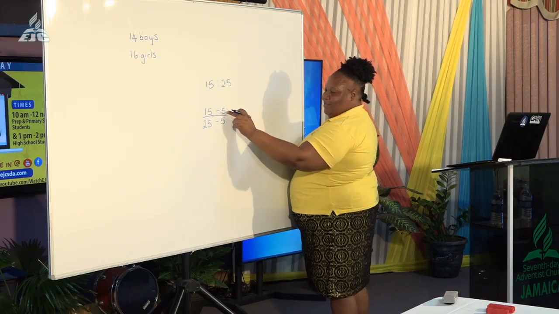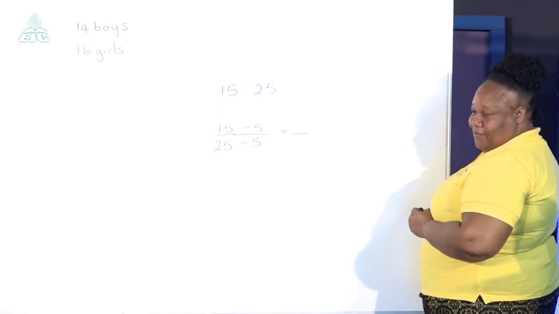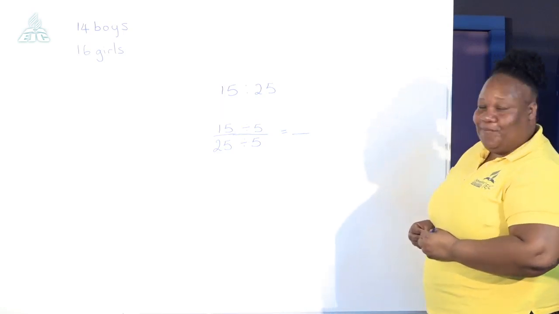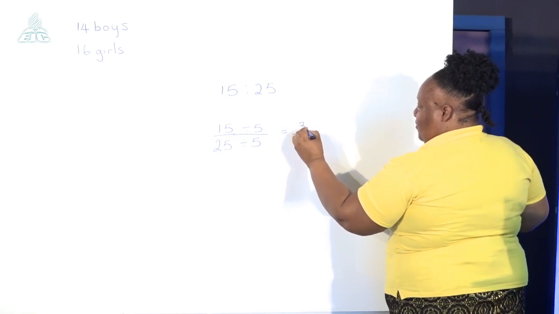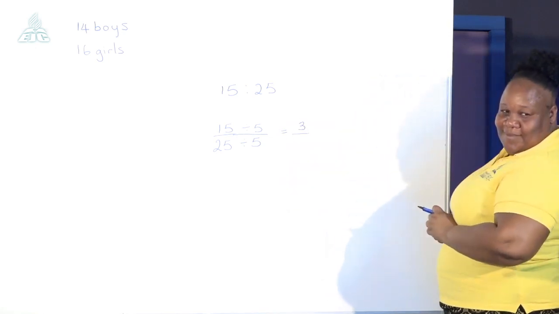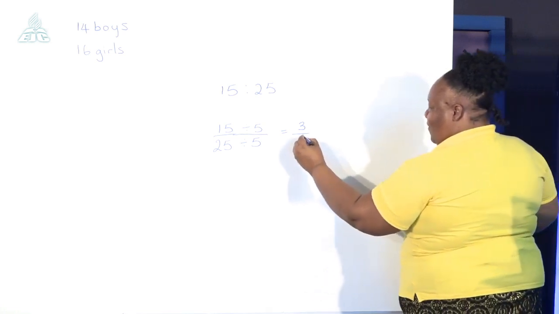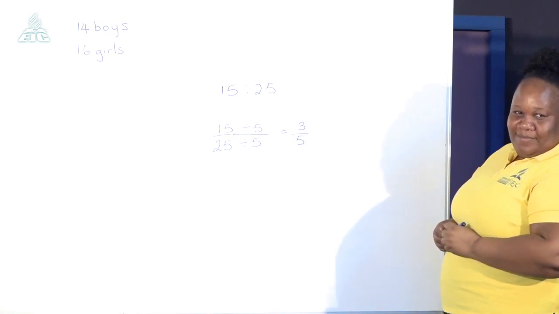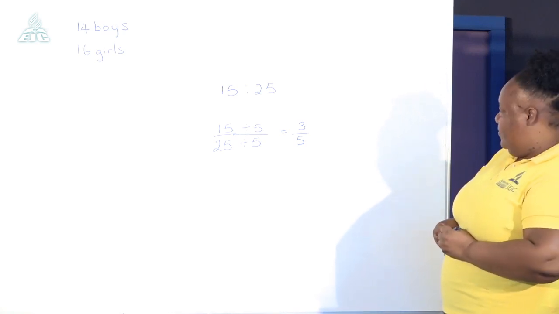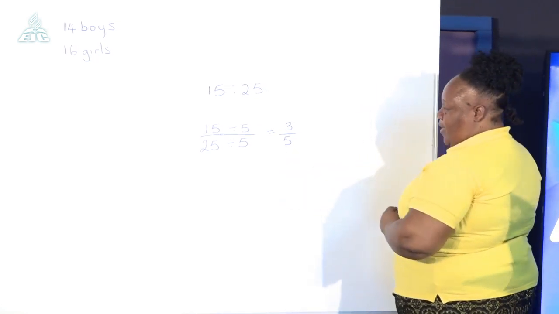So our highest common factor is 5. 5 into 15, 3. 5 into 25 goes 5 times. Agree with me? Very good. So we get our answer 3/5.